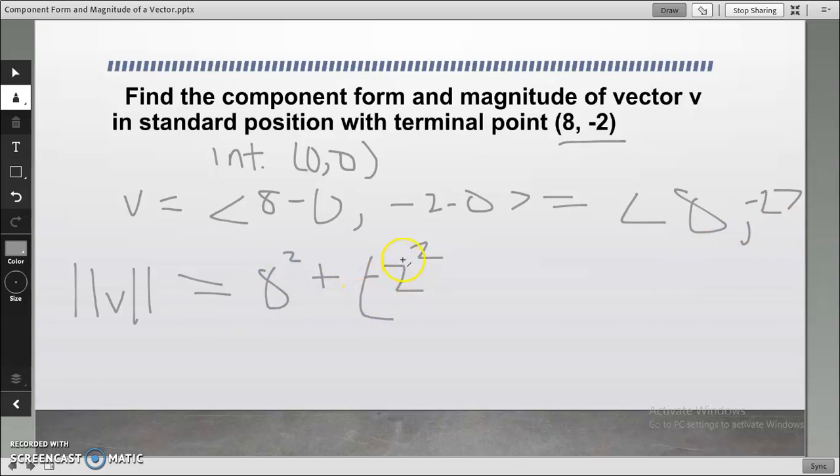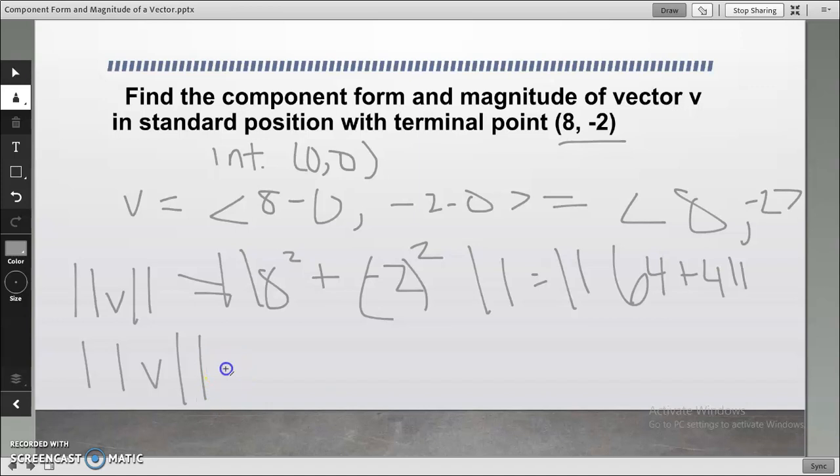And I should really put this in parentheses. And that's going to give me 64 plus 4. And so the magnitude of v is the square root of 68. And I hope that this helps.